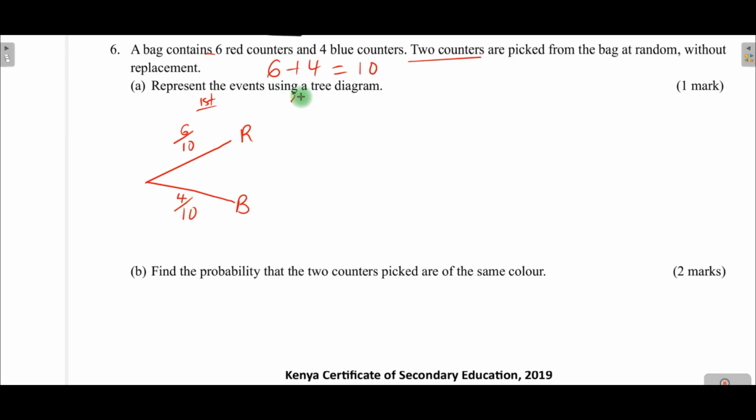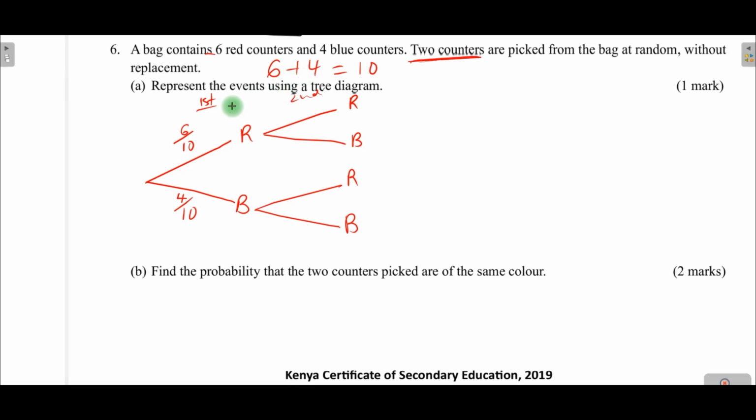Then we have the second pick. Again we expect either a red or a blue.